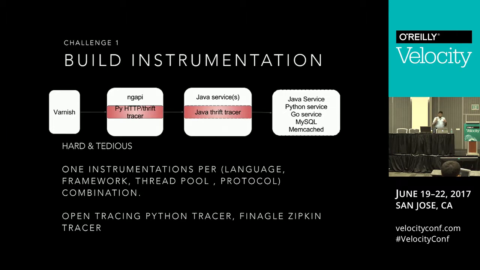Building instrumentation tends to be very hard and tedious. The reason it's hard is because generally adding instrumentation is really easy. Adding instrumentation is pretty much like adding a log message. But the problem is you need to add the log message in the right place in the code, and generally that's the code any developer doesn't look at.